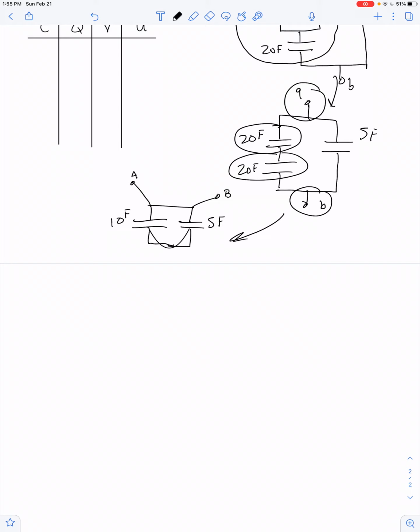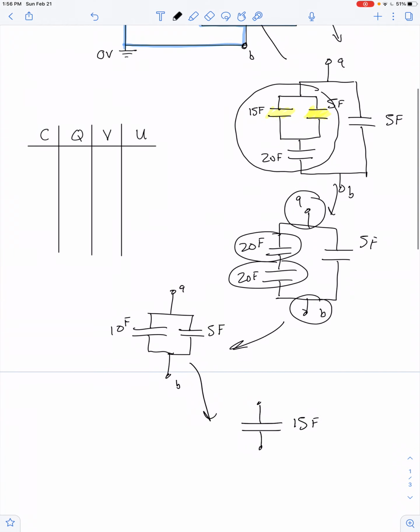But in any case, it's vague whether or not you would describe the connection as being series or parallel unless you draw in more of the wiring, right? So instead of having A and B like this, if we show that it's A and B like this, then we know for sure they're in parallel. So finally, we get to our one equivalent capacitance for the whole circuit, which would be 15 farads.